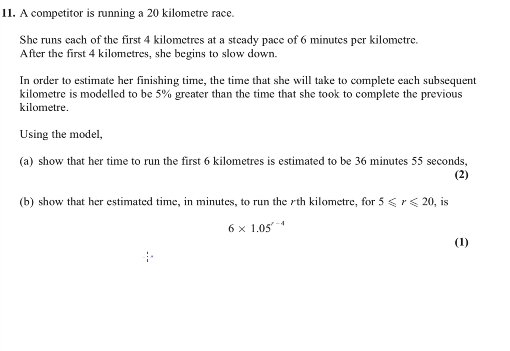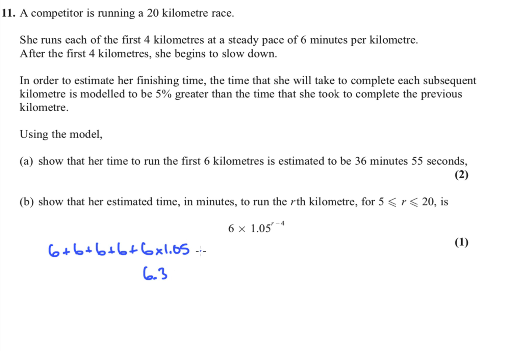Okay, part B says show that her estimated time in kilometres to run the rth kilometre, as long as r is bigger than 5 but less than or equal to 20, is 6 times 1.05 to the power of r minus 4. And if we go back to the previous question, I'd written down for the 5th kilometre she ran this, which I simplified to 6.3, but then I times this by 1.05 again.